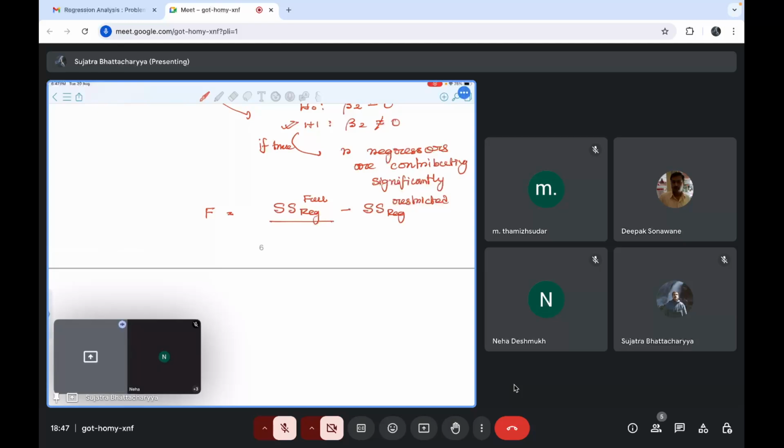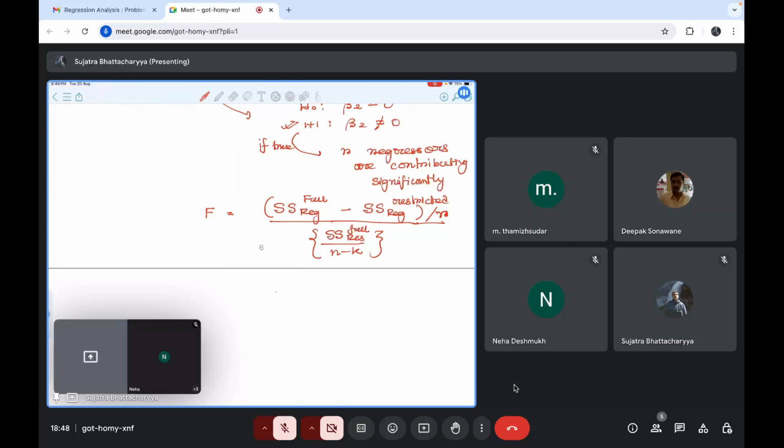And this is divided by the degrees of freedom, because there are r regressors, so r degrees of freedom. And finally, this is divided by the residual of the full model over n minus k. So this is the F statistic which we generally use to test this kind of hypothesis.